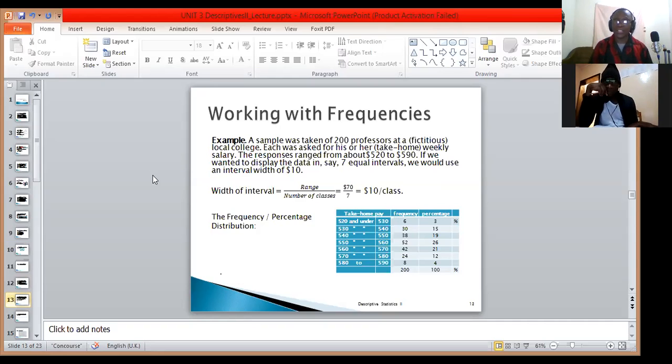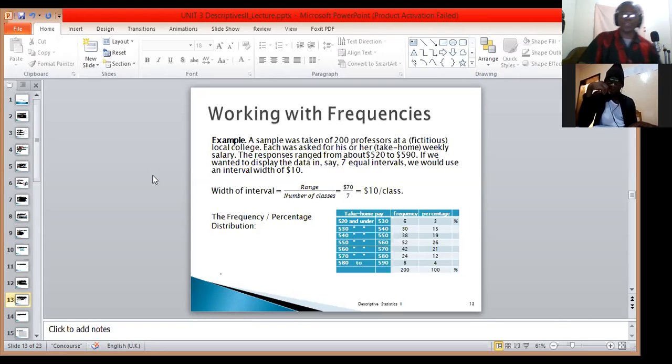We will look at the histogram. I also saw the cumulative frequency curve, and sometimes even the bar chart, the pie chart, all those.